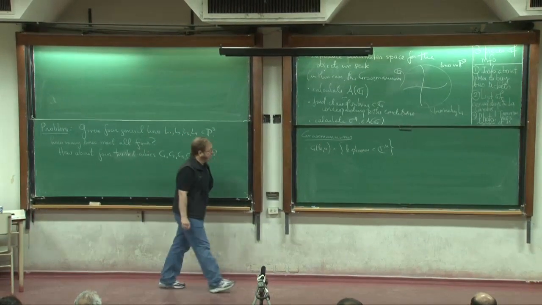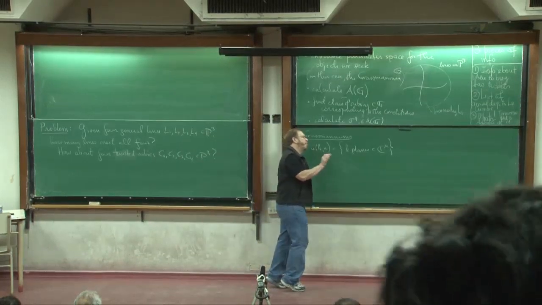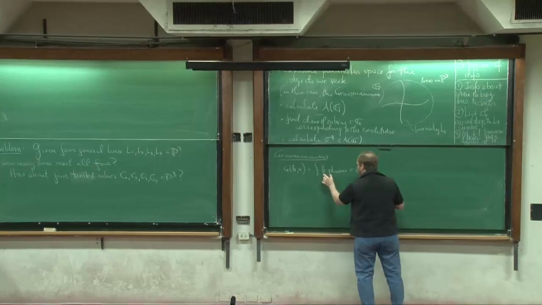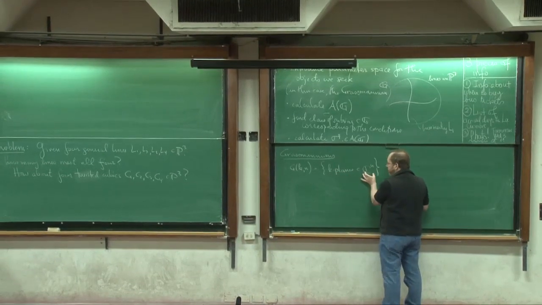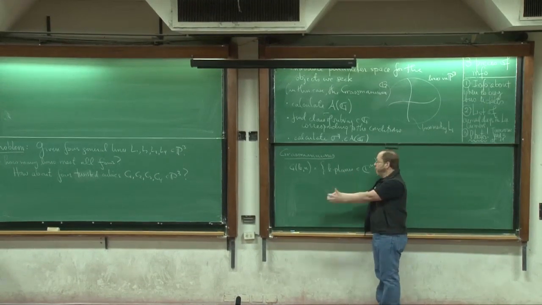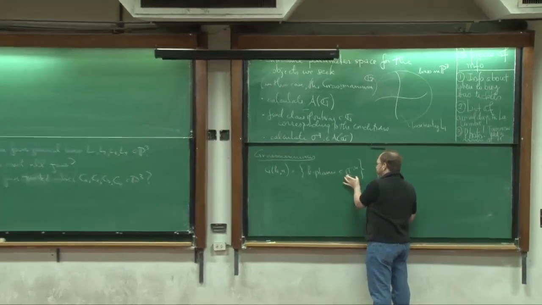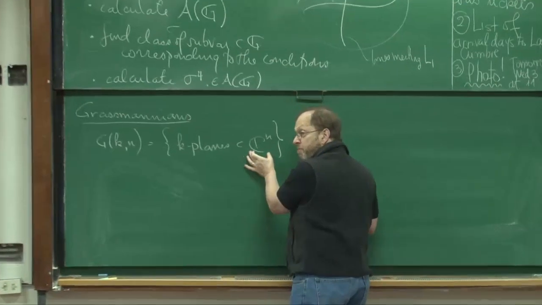And there's already one little bit of language and terminology I should introduce. We can also associate to a k-plane in C^n a (k-1)-projective linear subspace of projective space P^(n-1).